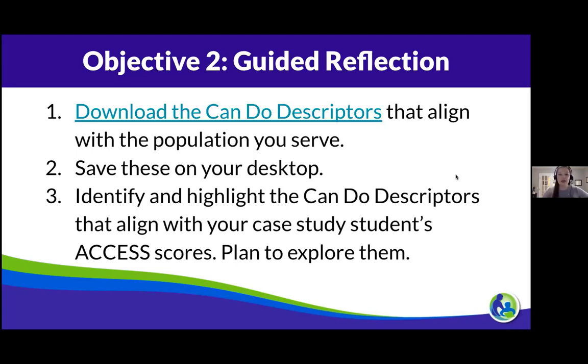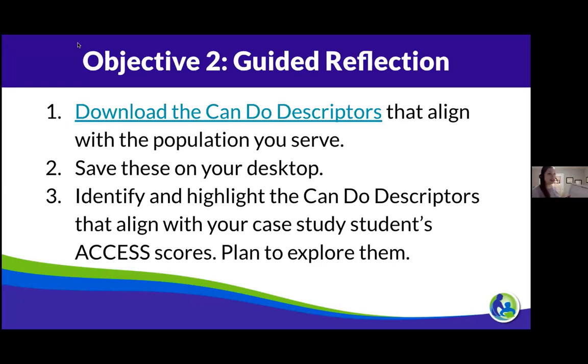Now, the other thing I'd really like you to take a minute to do, just a couple of minutes, is take that student, get that worksheet out, because last time you were to look up their access scores. And I do want you to take a moment and do exactly like we said. Go ahead and mark up on that PDF what are the expected can-do descriptors.